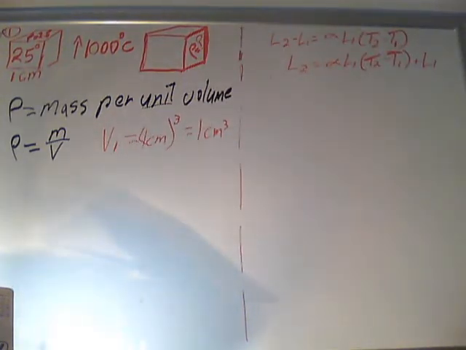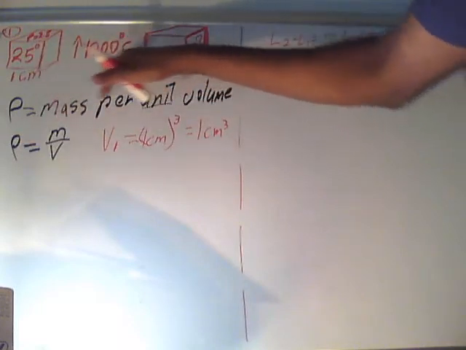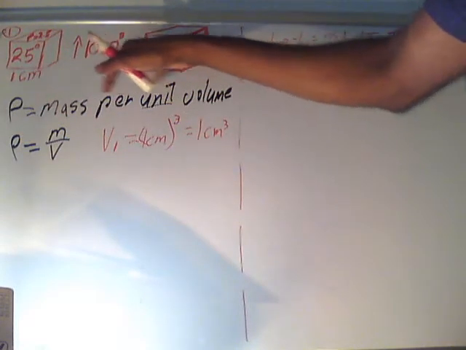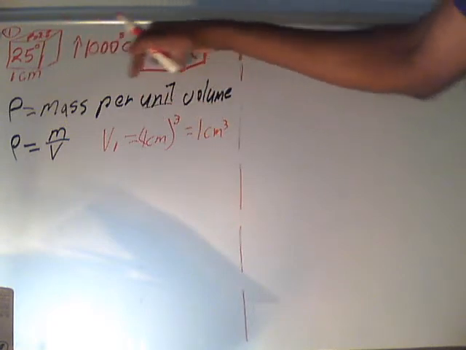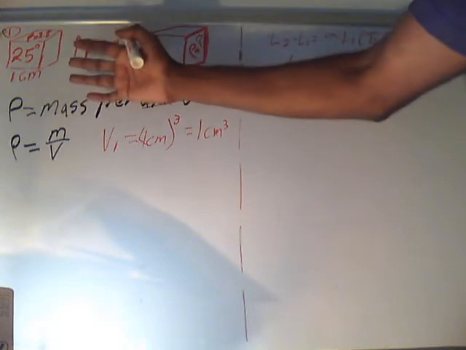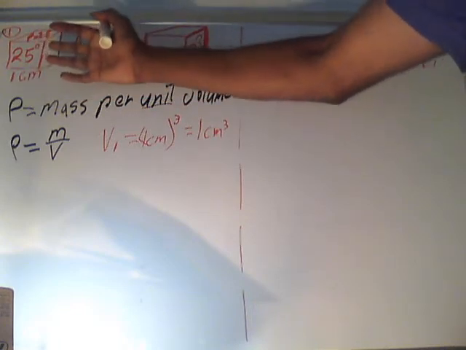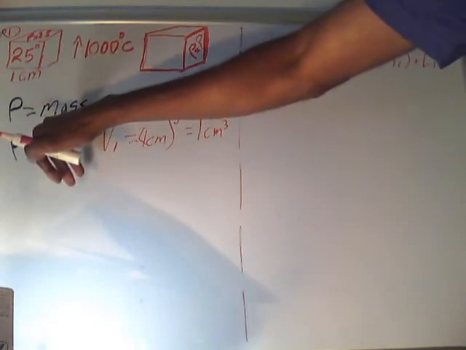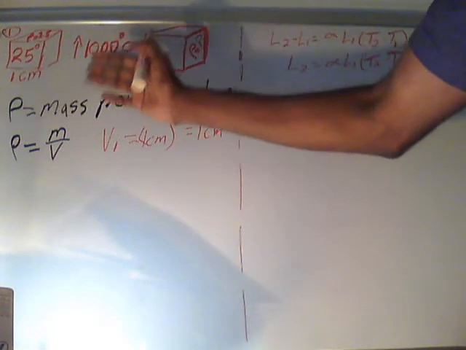So the next thing we're going to do is look at what exactly is going on here. We're going from 25 degrees to 1,000 degrees. Basically, to make that change, we're adding heat energy to this volume. Since we're adding heat energy, the mass isn't being changed.